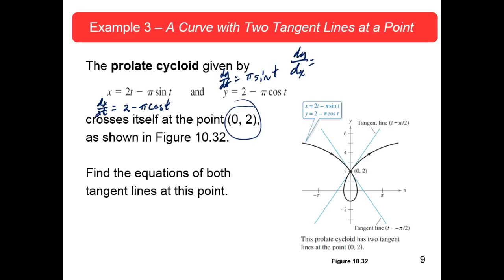Divide them, exactly, just like you would expect to. dy/dt over dx/dt, and that would be pi sine t over 2 minus pi cosine t.